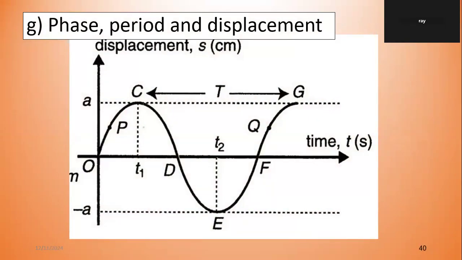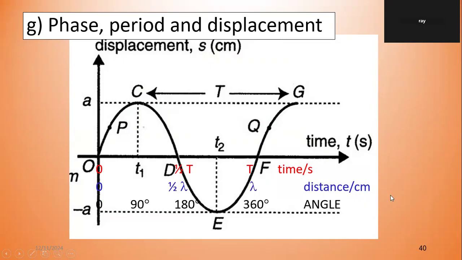Okay, phase, period, and displacement. This is a displacement time graph. We can think of this as 0, this is half the period, this is a full period. Or in terms of distance, we can think of it as this is 0, this is half the wavelength, this is a full wavelength.